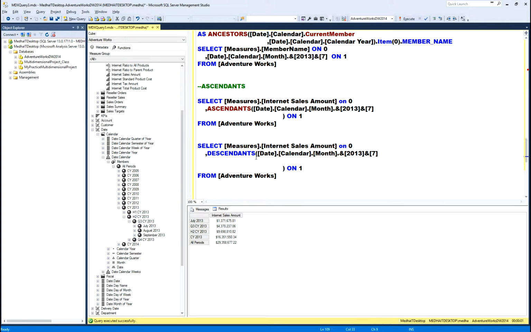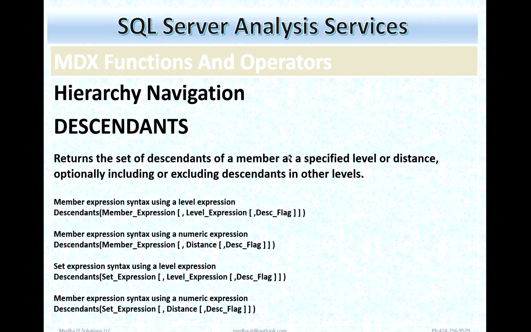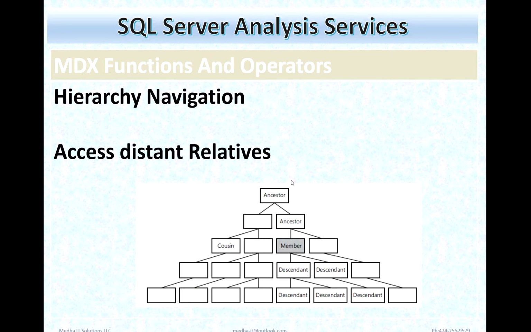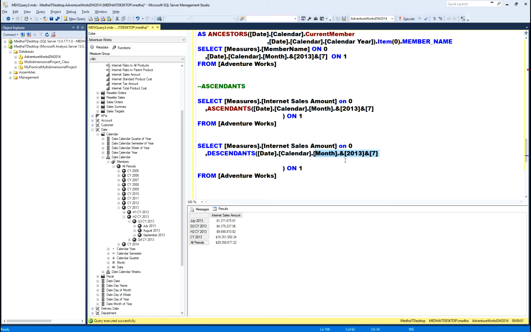no, descendants is opposite, right. I need to be at the higher level first. That means this hierarchy map, descendants is I need to be at the top and I need to go down. Descendants will give the lower level members, not the upper level.